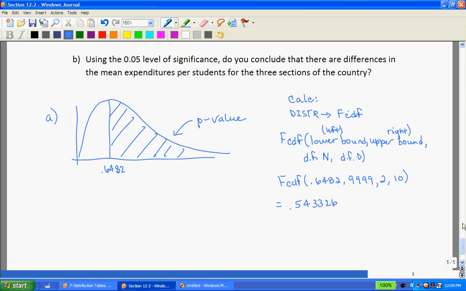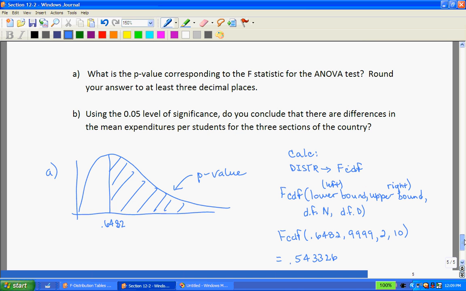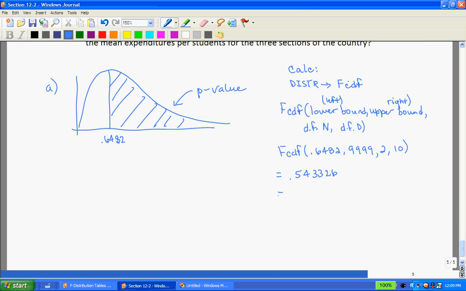We were asked to round to 3 decimal places, so we could say 0.543. That number represents this area here that is to the right of 0.6482. And so that's what you would type in for your p-value.